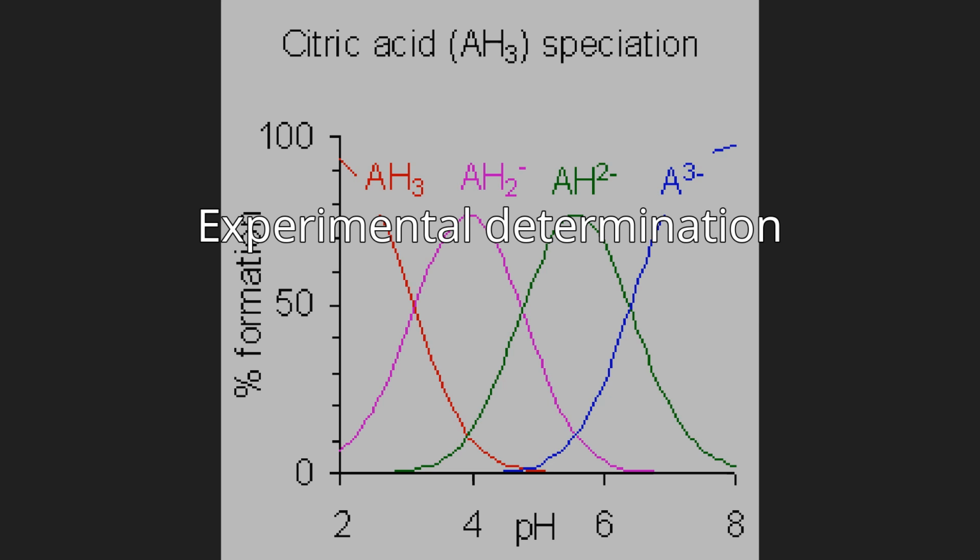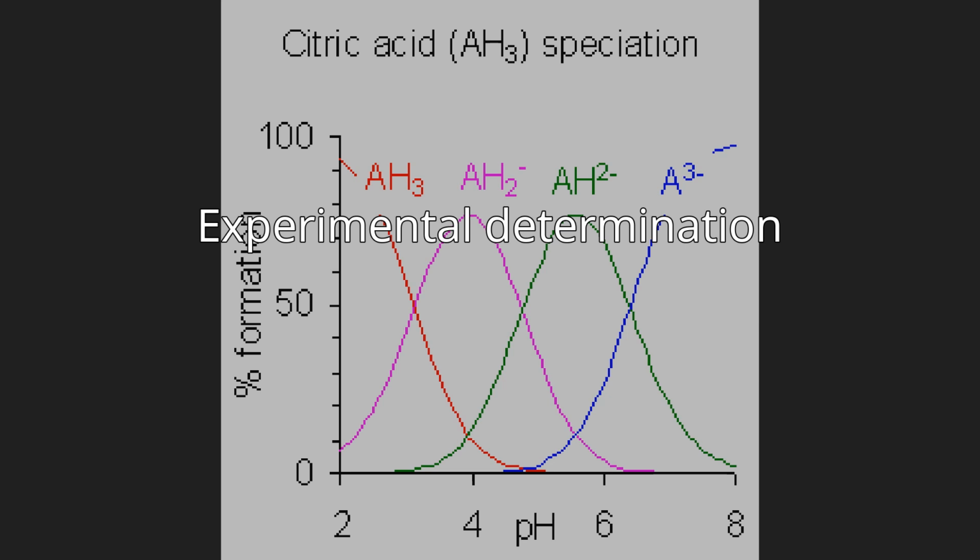The solution is then titrated with a strong base until all the protons have been removed. At each point in the titration, pH is measured using a glass electrode and a pH meter. The equilibrium constants are found by fitting calculated pH values to the observed values using the method of least squares.